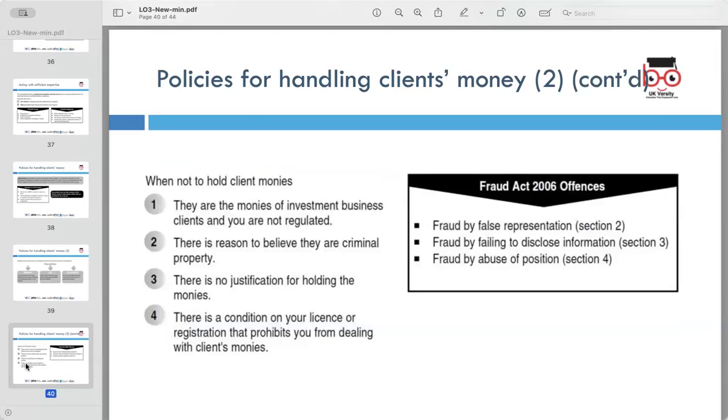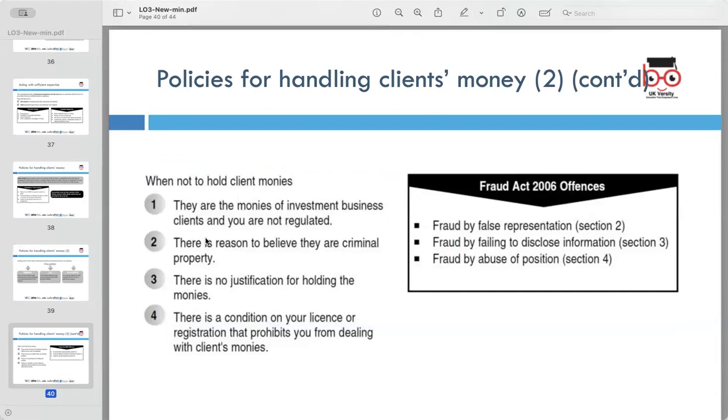Policies of handling money. So why not hold client money? Basically, accountants must exercise caution when handling client monies and refrain from handling them under certain circumstances.